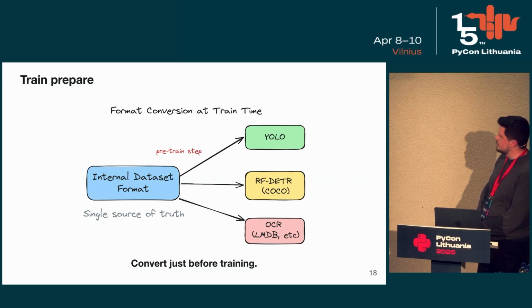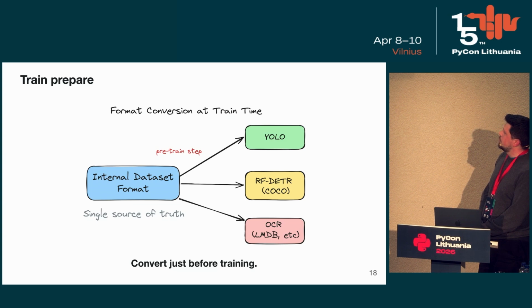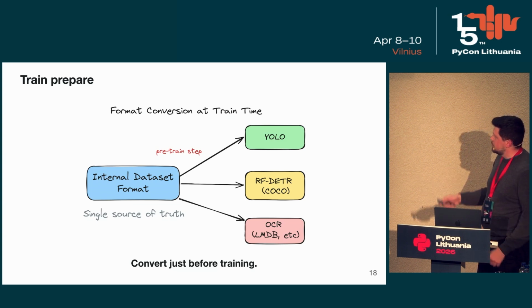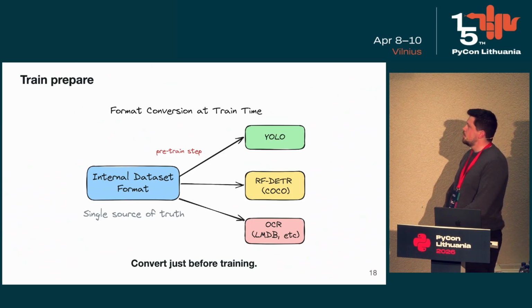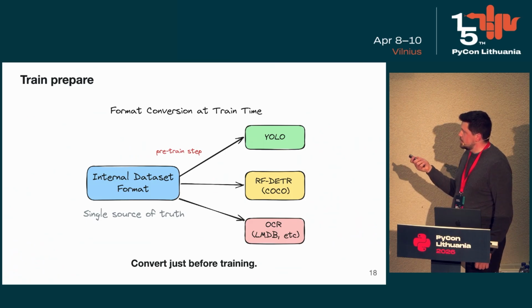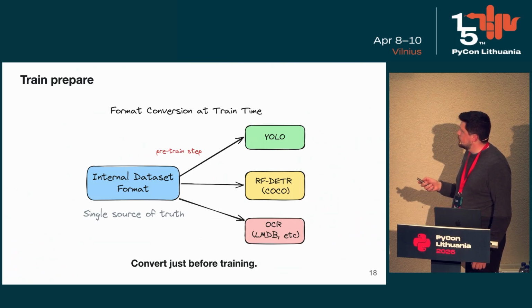So when you want to train, you still need to assemble a dataset into a specific format. It can be YOLO or Roboflow or several formats for OCR. And we can treat our own dataset like a high-level language, and the final dataset like assembly or something like that, which is used just for the training.